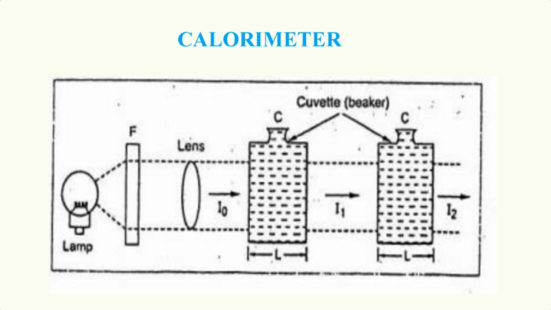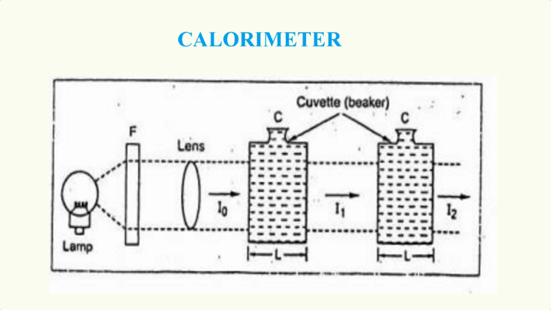Here the optical light from the lamp is allowed to pass through a filter. The filter filters out some of the basic colors and passes only a color which has an intensity of I0, and this cuvette or beaker receives I0 as the light intensity. A part of that will be absorbed by the substance, and the rest leaves the cuvette or beaker, which is I1.